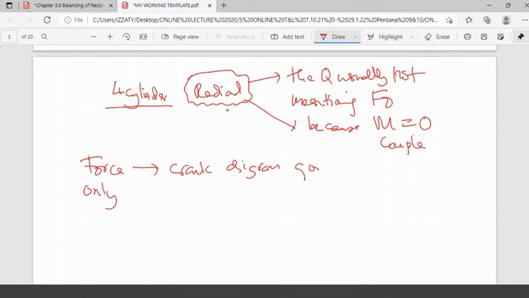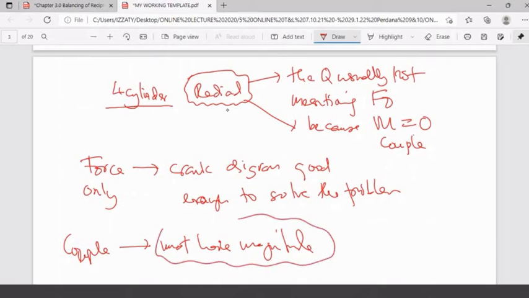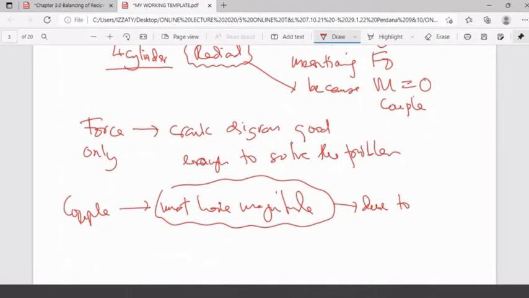is good enough to solve the problem. But when you have a moment couple, you must have magnitudes, due to the space between cylinders.